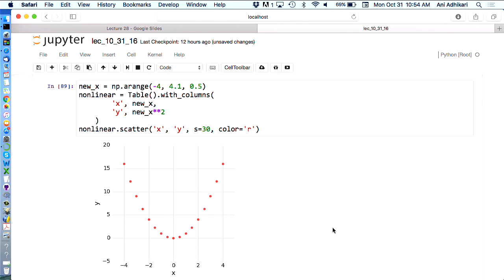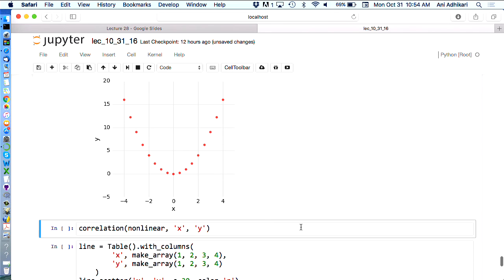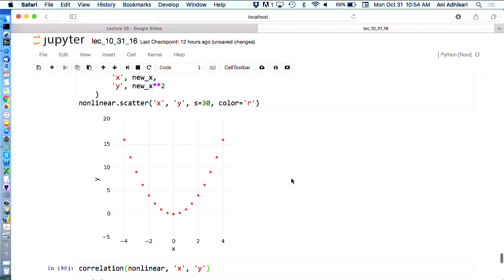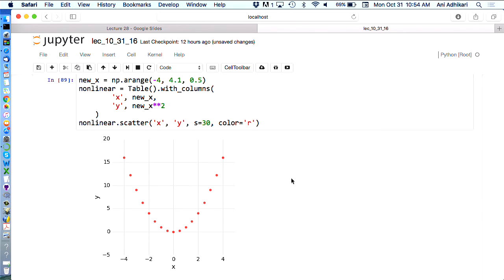All right, are you seeing a linear association? You are not, and indeed, if you run correlation, you will get 0. These two variables are uncorrelated. However, they are very closely related. So once again, the point is, uncorrelated does not mean not related.